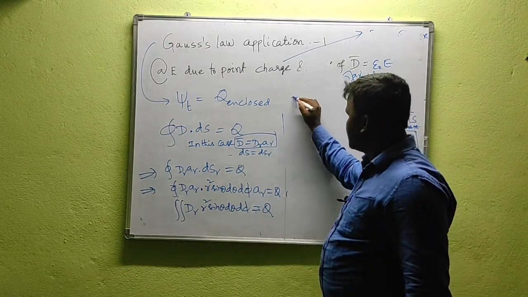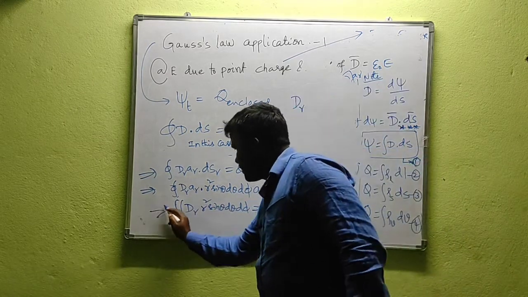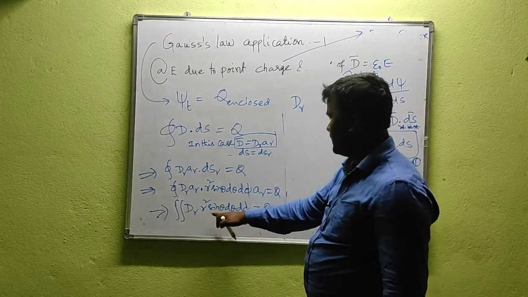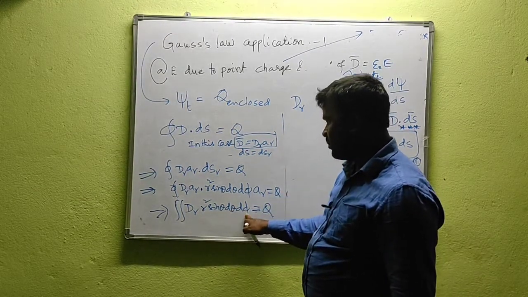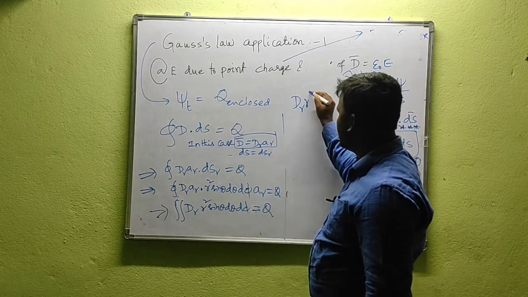What is D_r? This is the magnitude along the r direction, which means it is constant. Integration with respect to theta and phi means the remaining components are constant. D_r is constant, r squared is also constant, D_r into r squared.